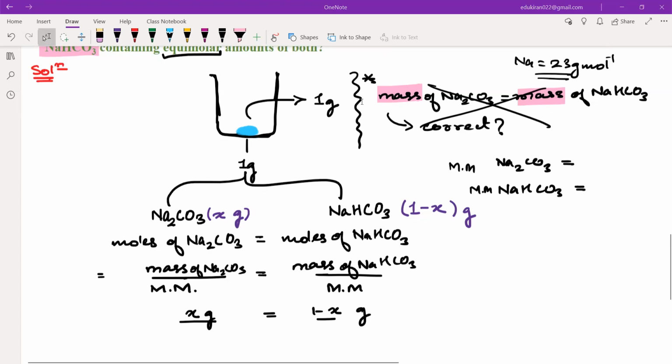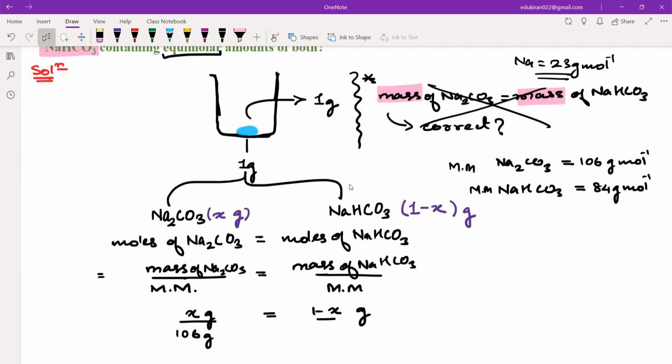Yes, Krishna, correct. This is 106 grams per mole. And this is 84 grams per mole. 84 or 86? 84 grams per mole.